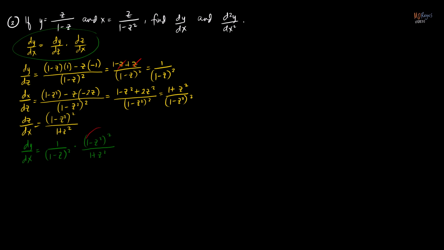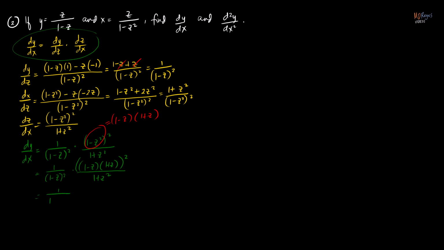Now take note that 1 minus z squared can be written as (1 minus z)(1 plus z). Alright, so we can simplify our final answer. That's 1 over (1 minus z squared) quantity squared, and then (1 minus z squared) can be written as (1 minus z)(1 plus z), squared, all over 1 plus z squared. Alright, so in this expression, both 1 minus z and 1 plus z are squared.